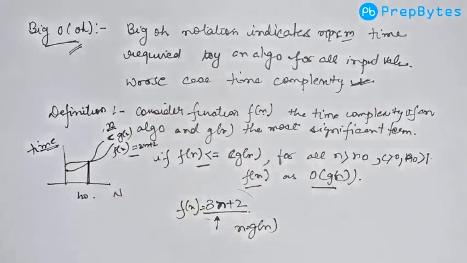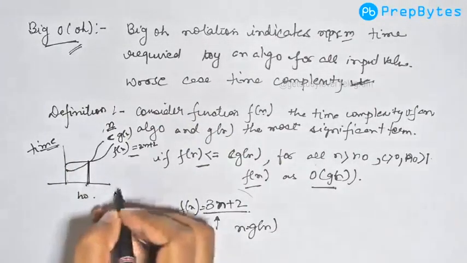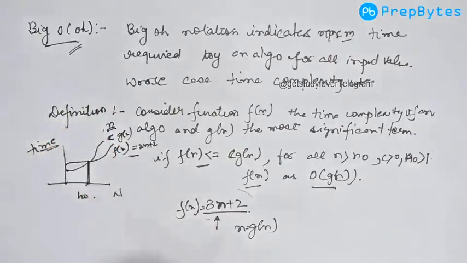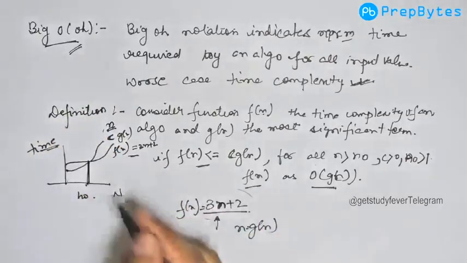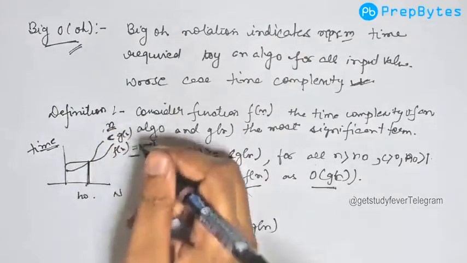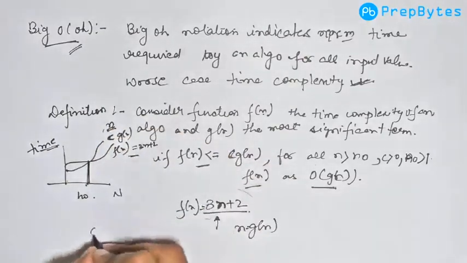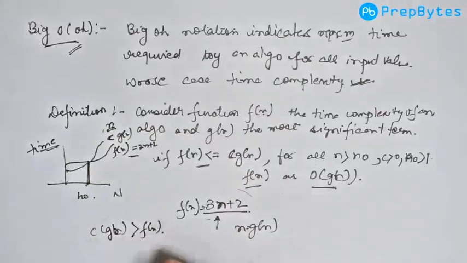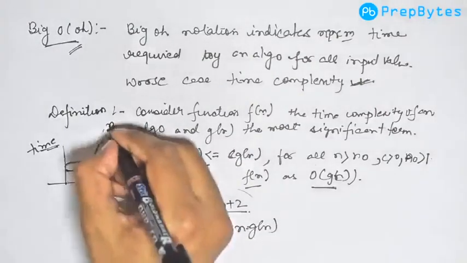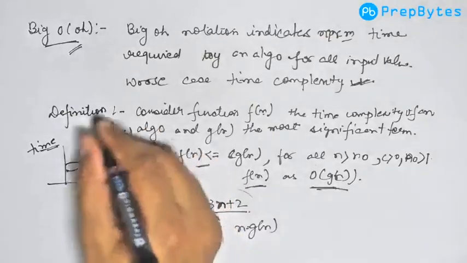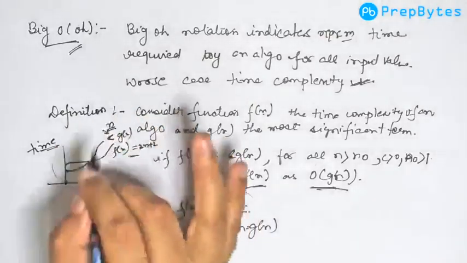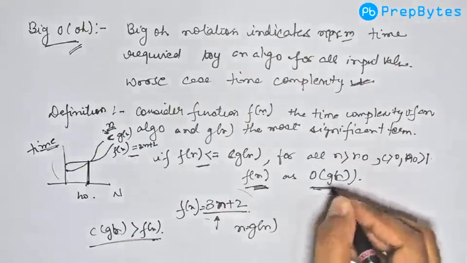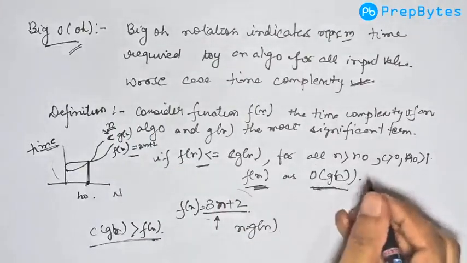So it is saying that after a particular value of n, there might be a situation that c into g(n) will always be greater than f(n). In case such n naught and such c exist, we can represent f(n) as O of g(n). This will be the worst case time complexity.